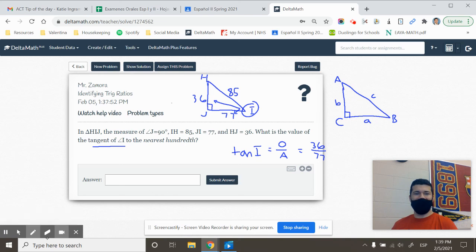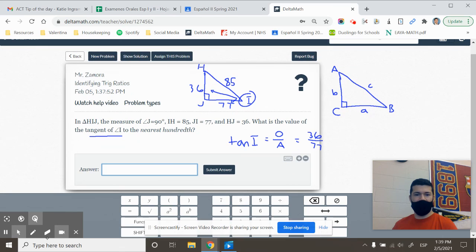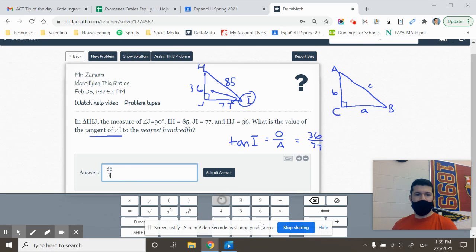So 36/77 is my best answer for that. And if I enter it with a calculator, 36/77, that would be my answer. And I would want to enter it as a decimal.